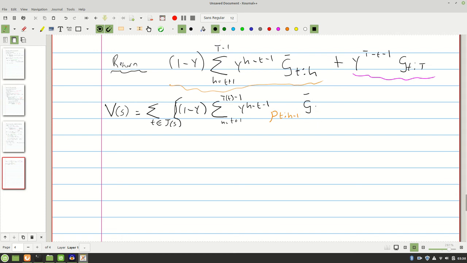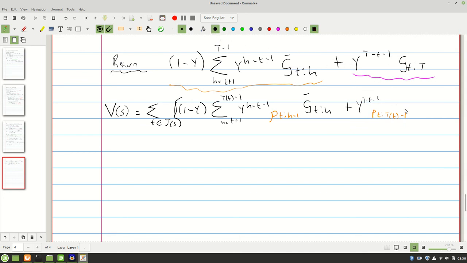And then we're going to have our term G t up to h, plus gamma to the power T minus t minus 1, and then our importance sampling ratio from t up to capital T minus 1.